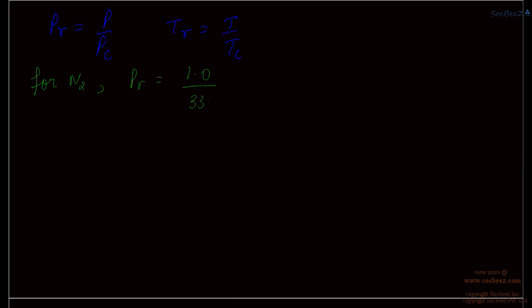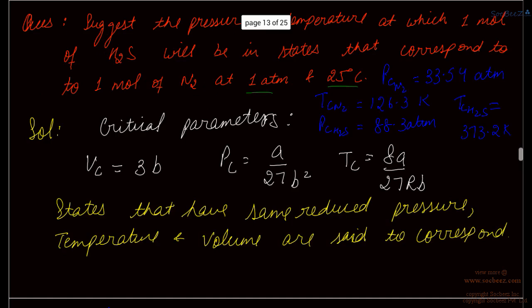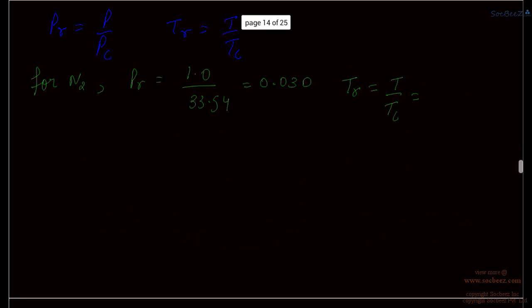So reduced pressure is 1 atm upon 33.54, which equals 0.030. And the reduced temperature for N2 is T upon Tc, and temperature is 25 degrees Celsius, that is 298 Kelvin. So dividing 298 Kelvin by 126.3, we get its value as 2.36.